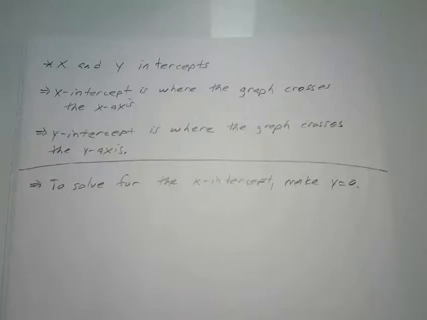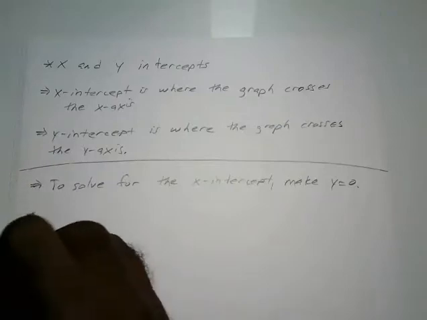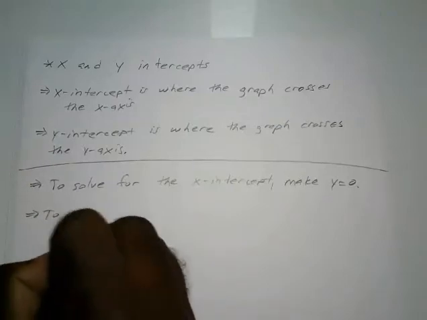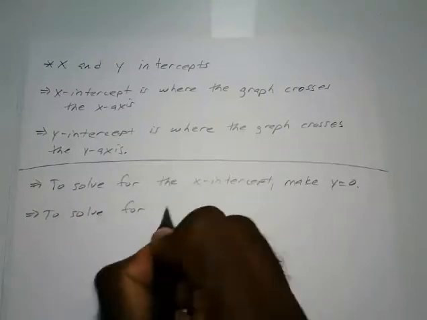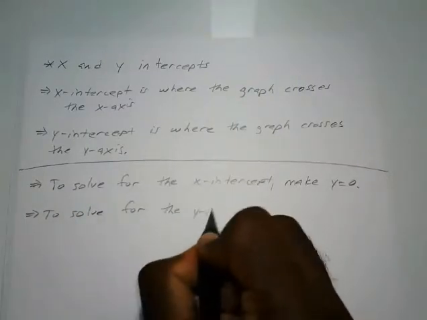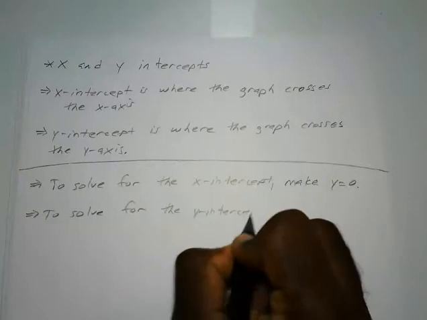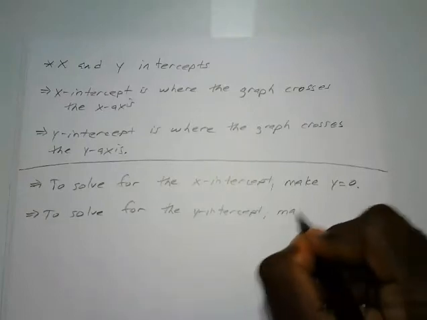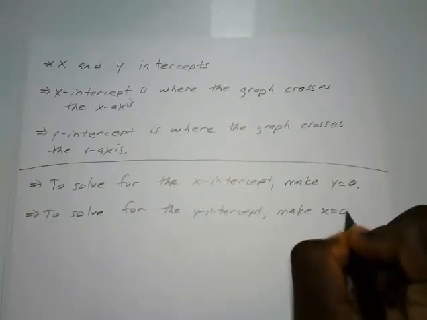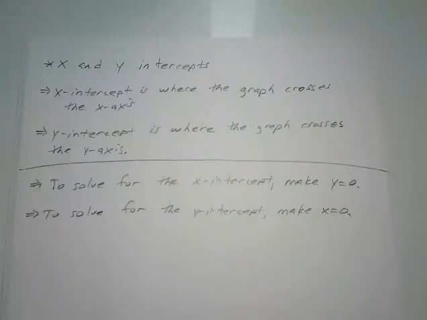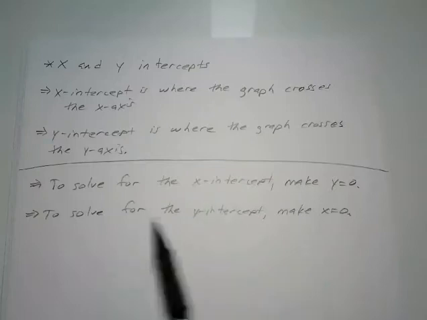That's it. You make y equals 0, solve for x. To solve for the y-intercept, make x equals 0. That's it. So you have an x-intercept, you're going to make the y equals 0. To solve for the y-intercept, you make x equals 0.